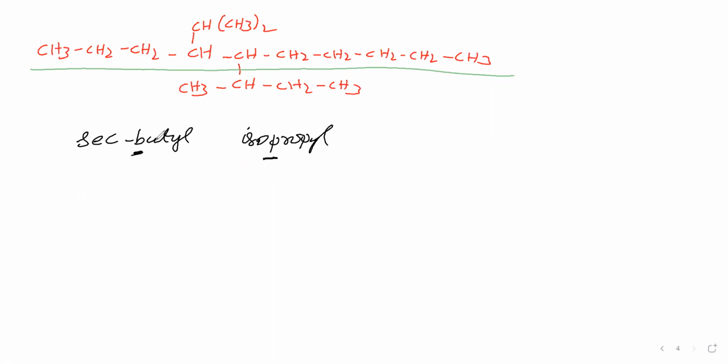Then let us give the positions. Here number 1, then 2, 3, 4, 5, 6, 7, 8, 9, 10. Isopropyl is at 4, secondary butyl at 5. Then the parent chain contains 10 carbon atoms, therefore dec, and carbon-carbon single bond, therefore ane.